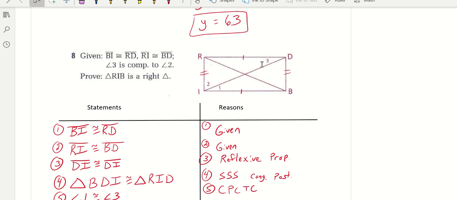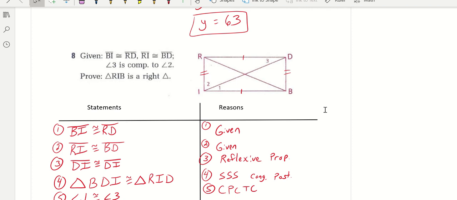If angle 3 and angle 1 are congruent, then angle 1 and angle 2 must be complementary, because congruent angles have the same complement. So if angle 3 and angle 1 are congruent, and if 3 and 2 are complementary, then angle 1 and angle 2 must be complementary as well.